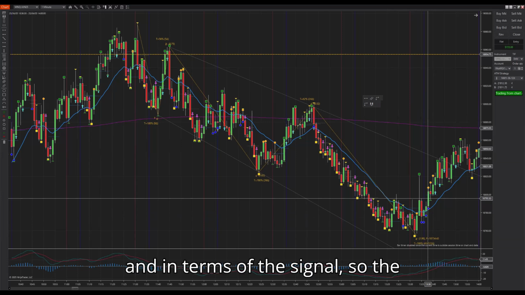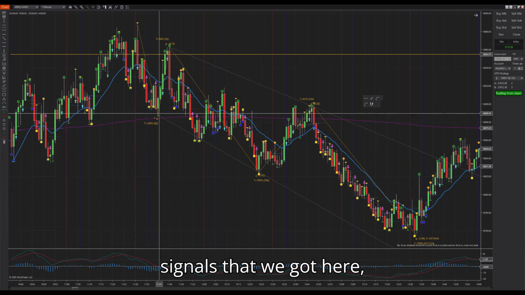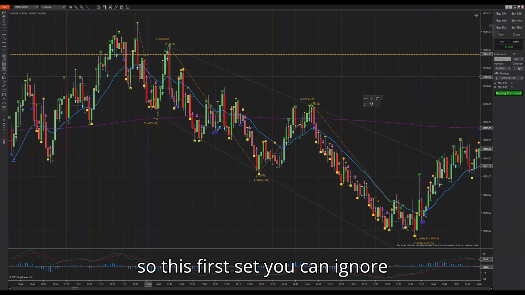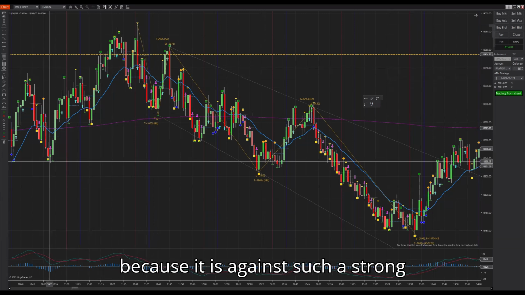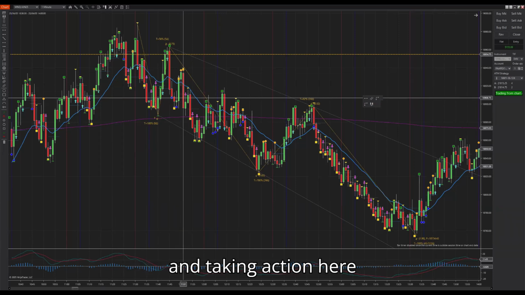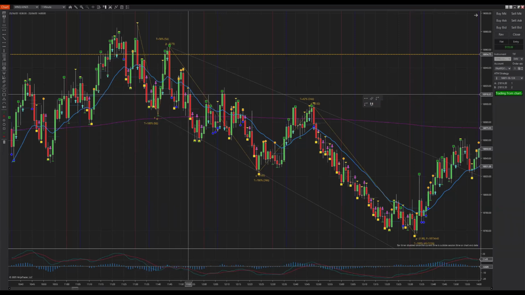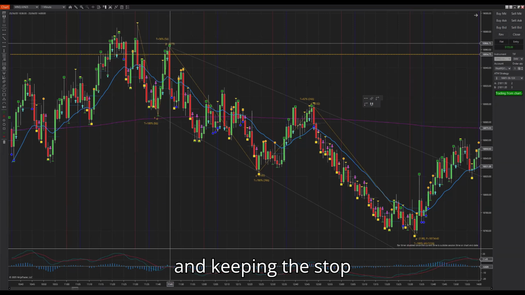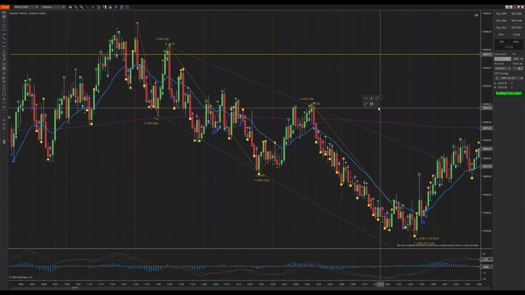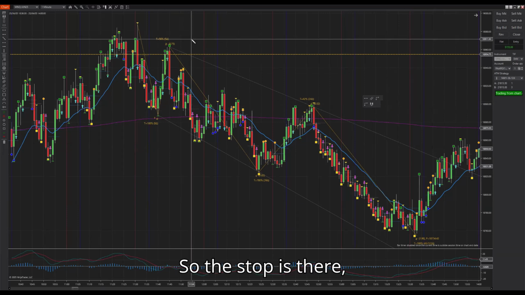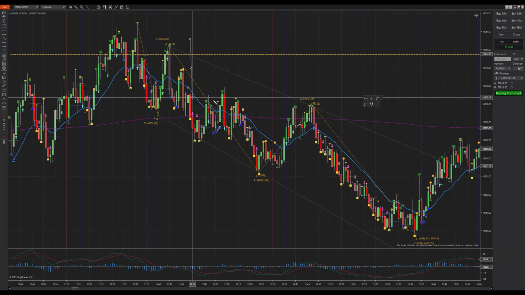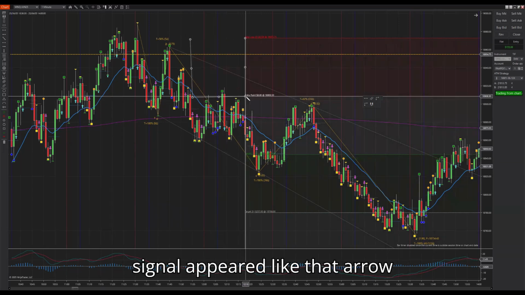And in terms of the signal, the signals that we got here, this first set you can ignore because it is against such a strong uptrend, we don't know. But this and taking action here and keeping the stop somewhere here, you can. So the stop is there, entry is right at the level where the signal appeared, like that arrow.